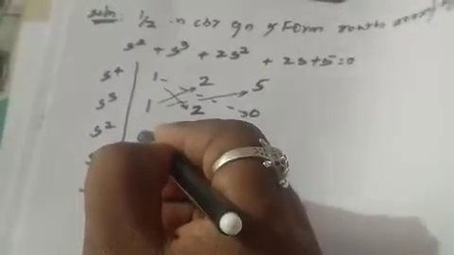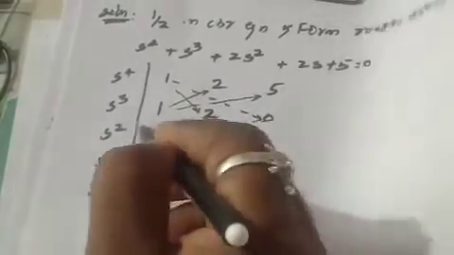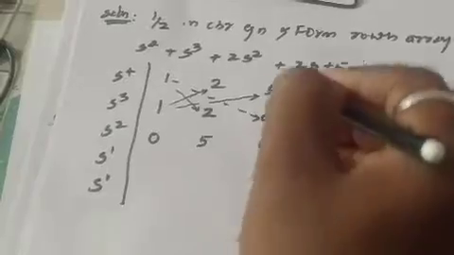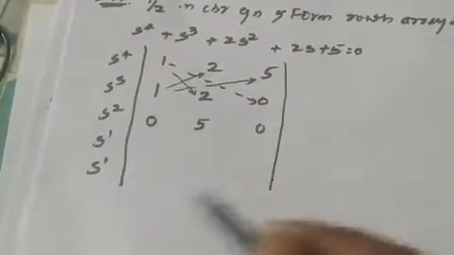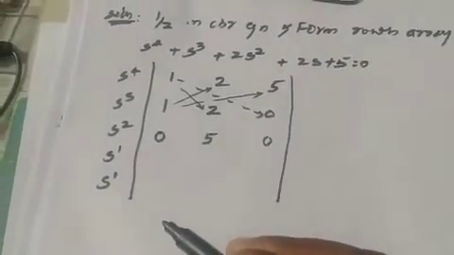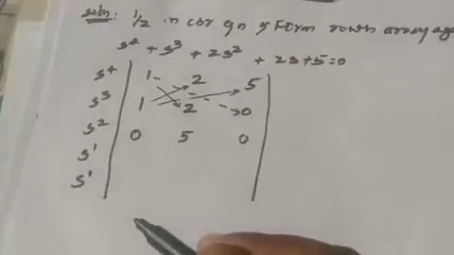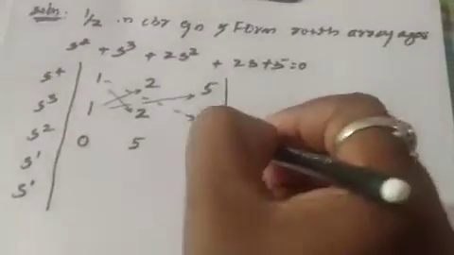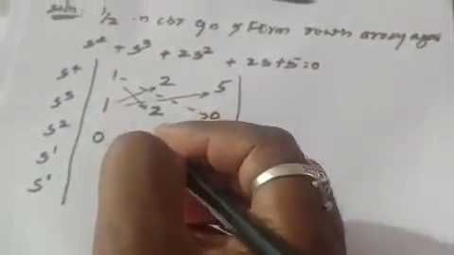The first element of one row is 0. If you get this, you have to follow the first method: replace s by 1 over z in all the coefficients of this characteristic equation.